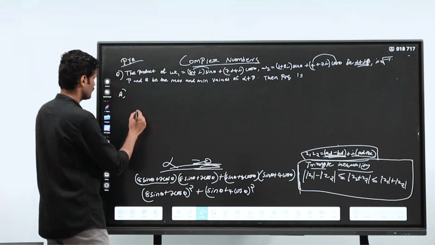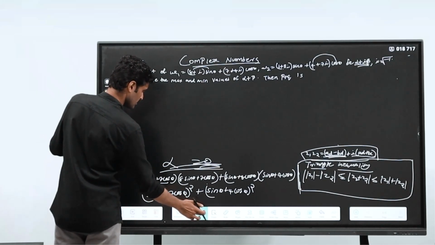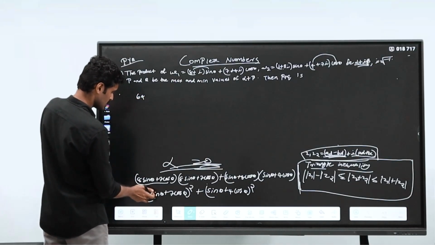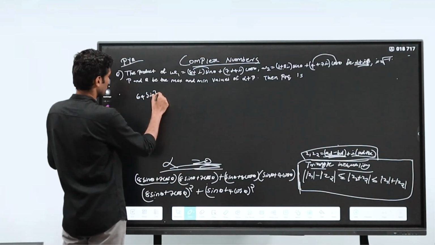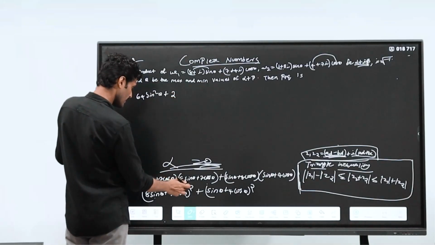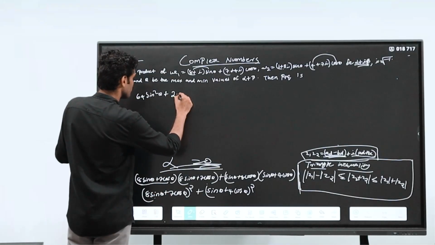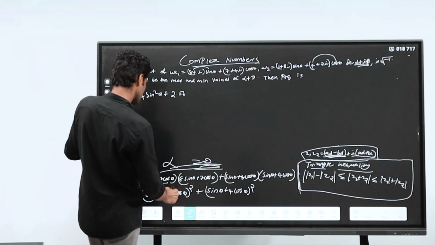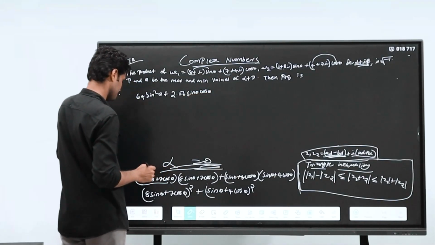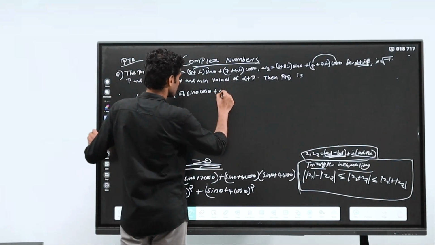We will get, using (A plus B) whole square, first term 64 sine square theta plus 2AB, 2 into A into B, 8 into 7, that is 56 sine theta cos theta, plus 49 cos square theta.